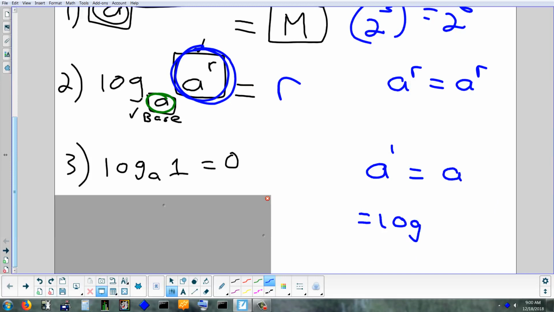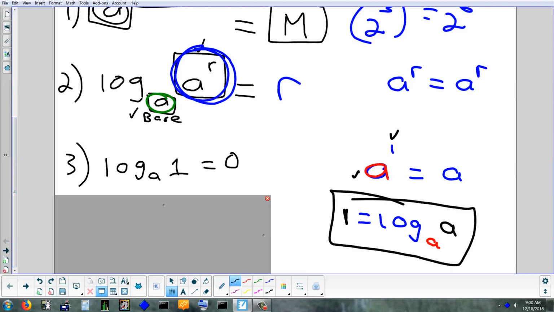What's my base here? A. Just to make it clear, we'll do it in a different color. It's the red A. That's my base. What about what goes here? Logarithm always equals what kind of number? Exponent. So it's 1. So I've used the red A. I've used the 1. And the only thing left is what's by itself on the other side. That's my argument. And that's going to go right here.